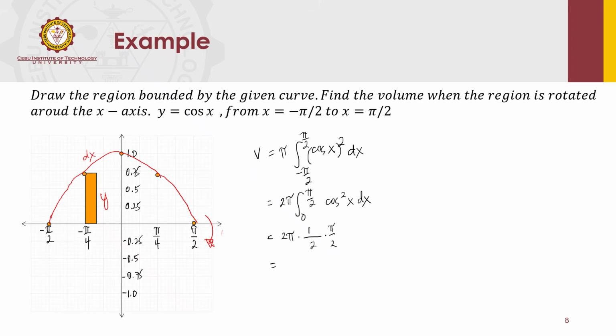So the final answer would be pi squared over 2, right? We cancel the 2's here, so pi squared over 2 for the volume, in cubic units.